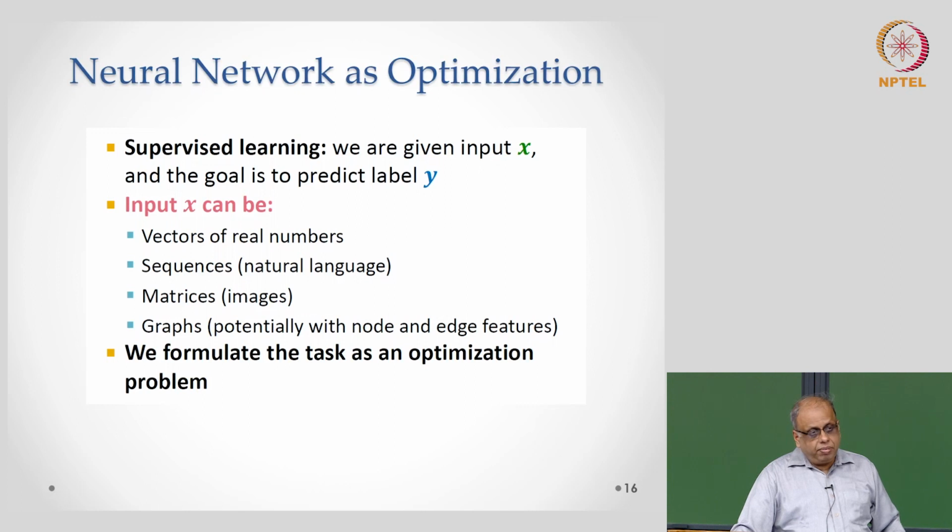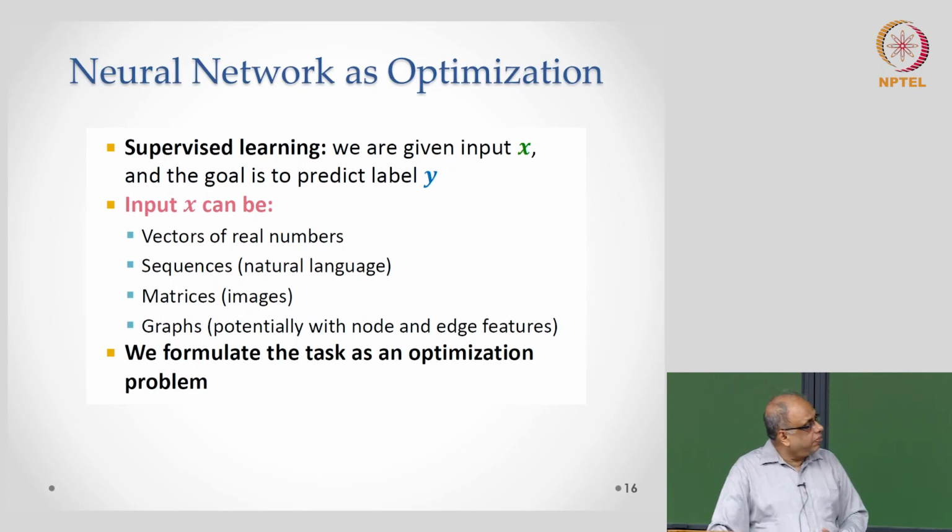And inputs can be vectors of real numbers, or it can be other kinds of things. For example, for convolutional neural networks, which are for images, it can be matrices, or if you are doing text classification or natural language prediction, it can be a sequence of natural language, or it can be graphs that we will look into.